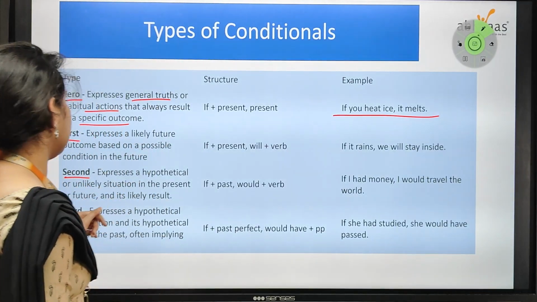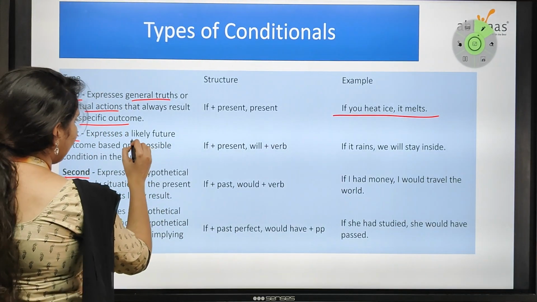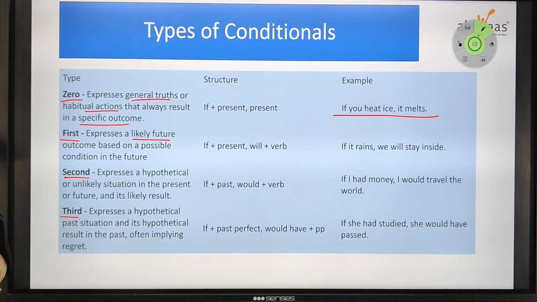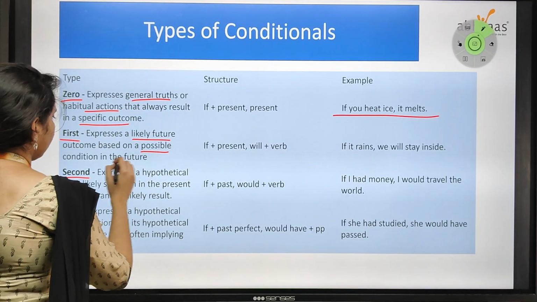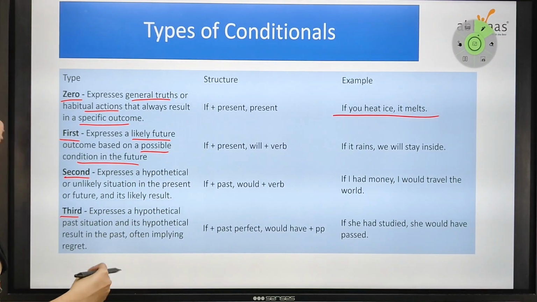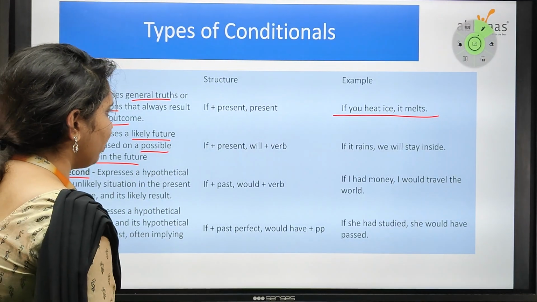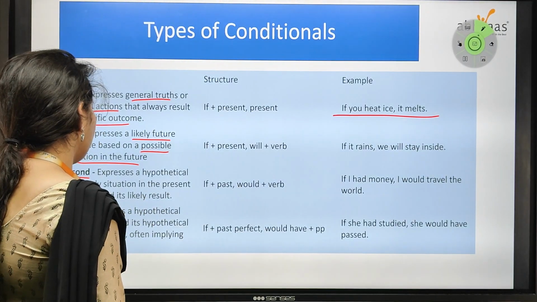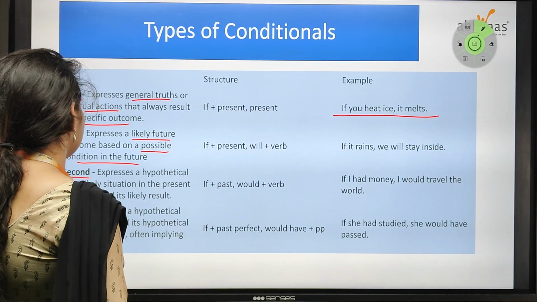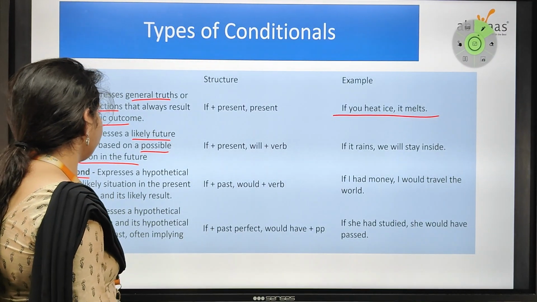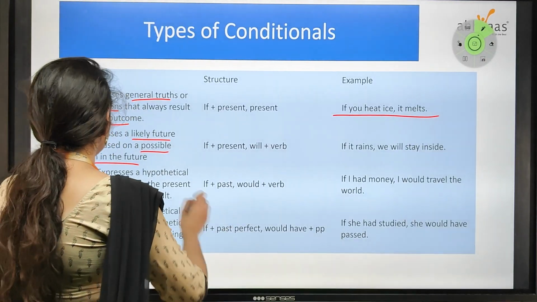Let's look at the first conditional clause. It expresses a likely future outcome based on a possible condition in the future. Let's see, a likely future outcome, guys.